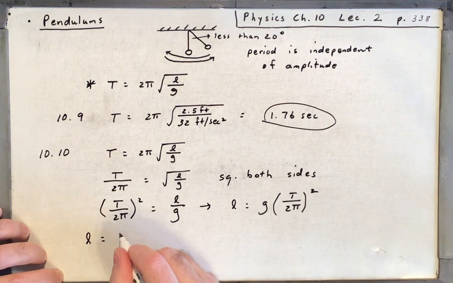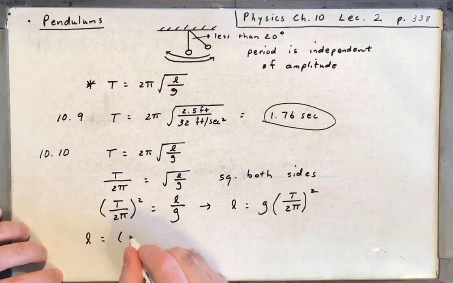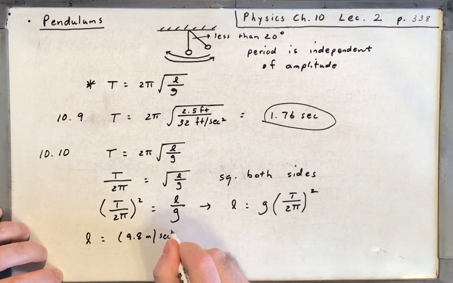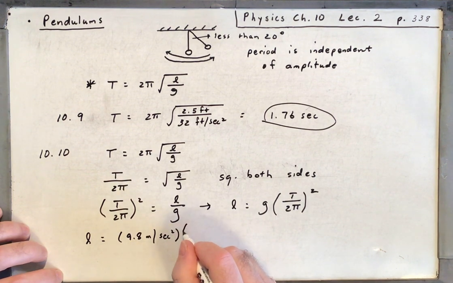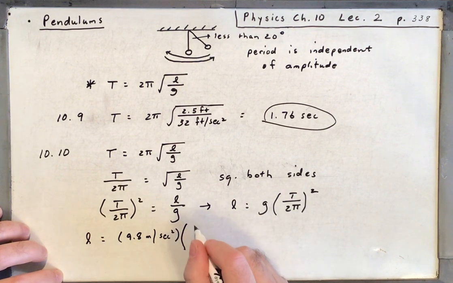All right, so let's plug the numbers in. It doesn't say whether we are in meters or feet, so I'm going to presume meters on this one. So 9.8. t is 0.45.